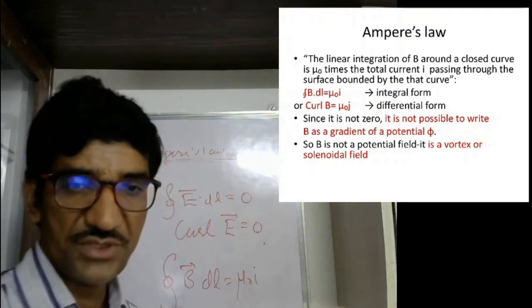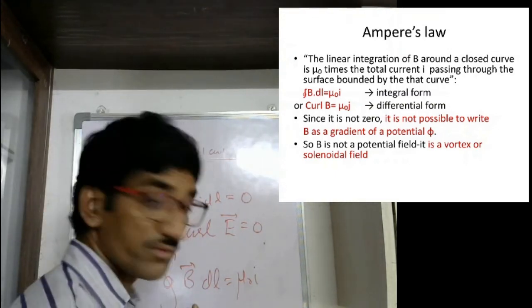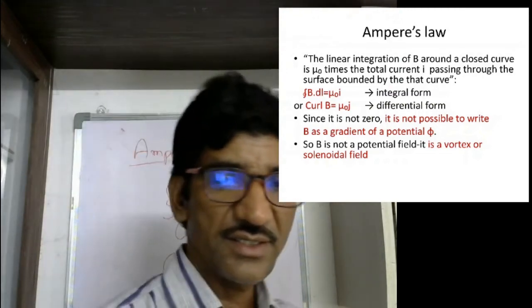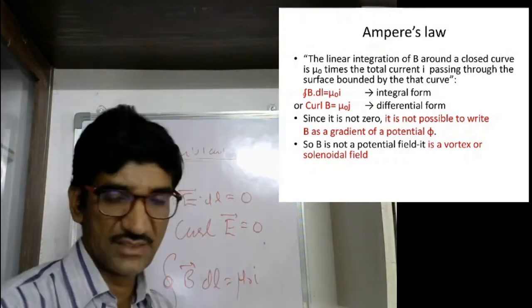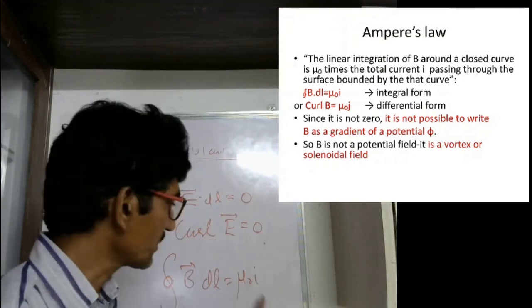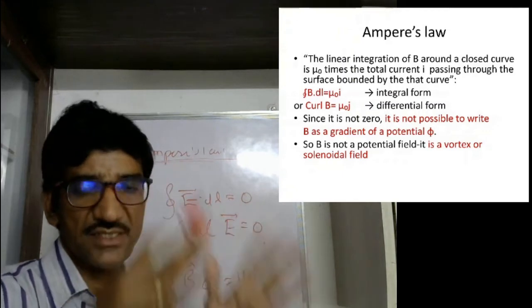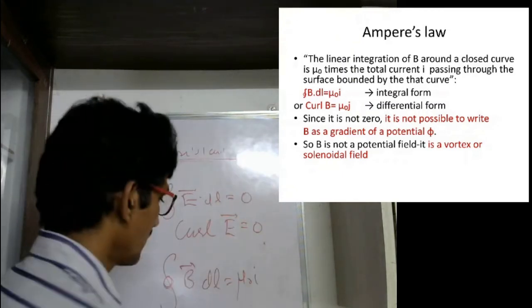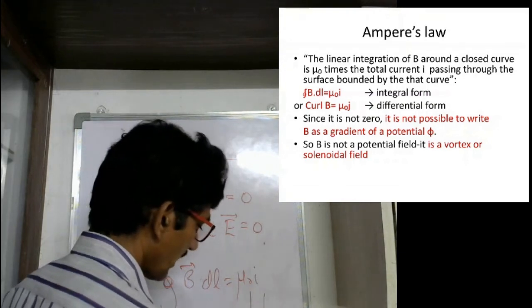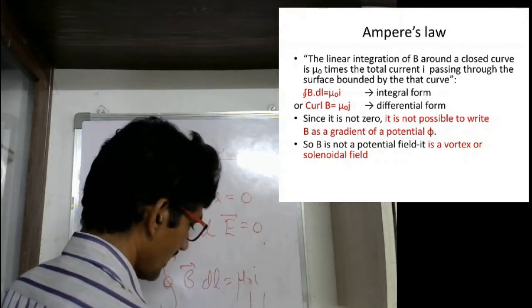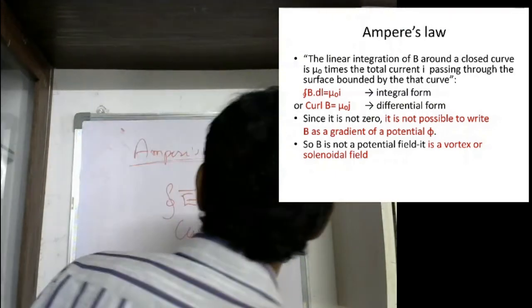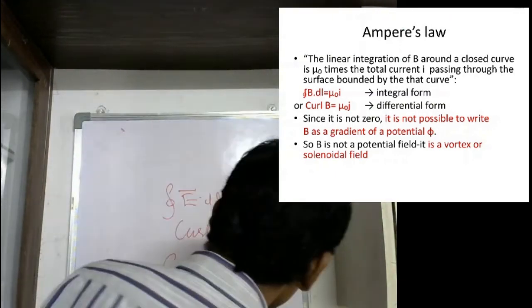We are taking a closed curve. We call this the circulation of B. This is mu naught I, equal to the total current linked with the curve. I is the total current. There may be so many currents within that curve, I1, I2, I3, like that.